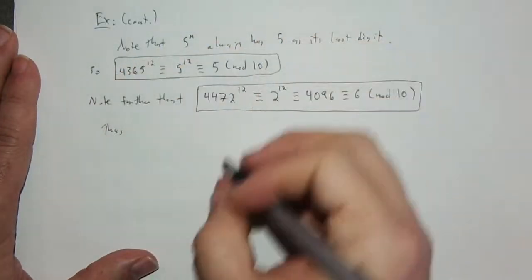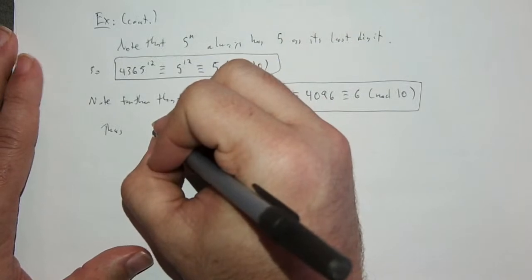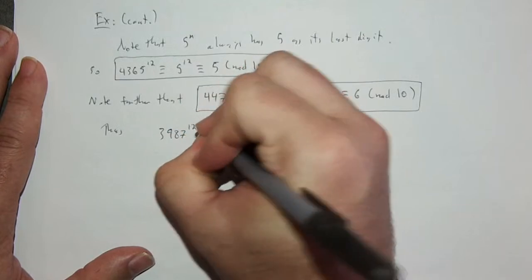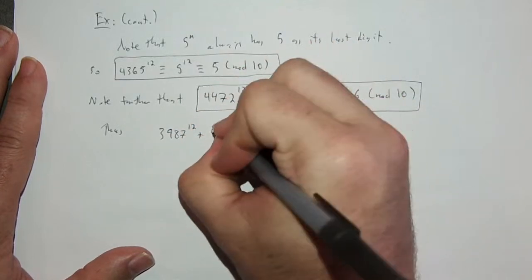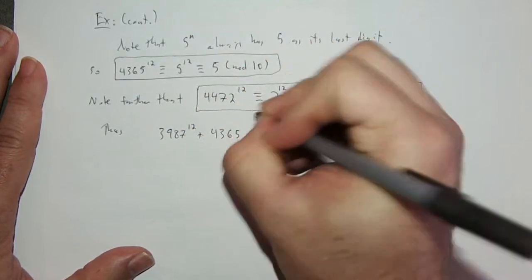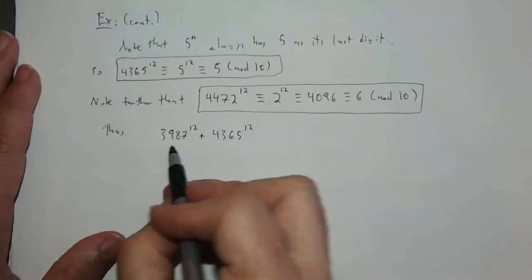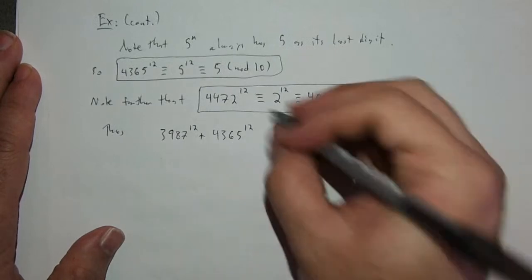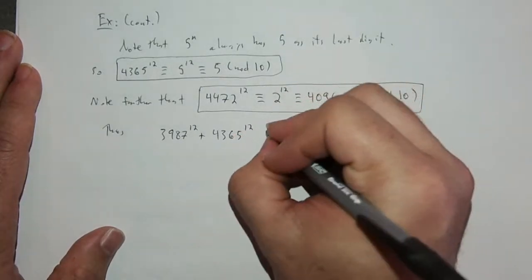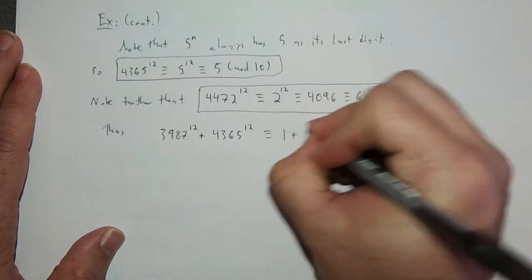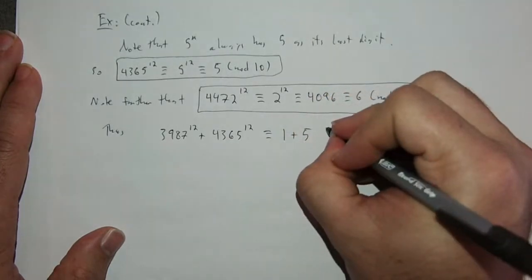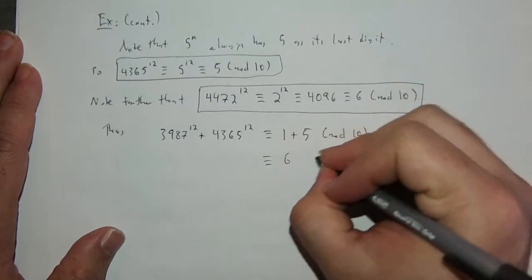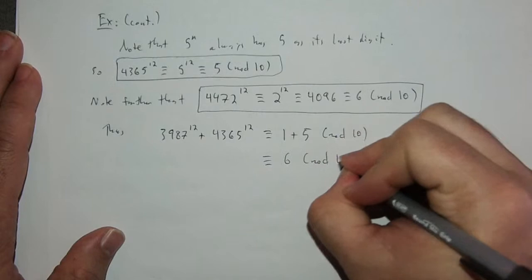Thus, notice that 3,987 to the 12th plus 4,365 to the 12th: the first was congruent to 1 mod 10, and the second is congruent to 5 mod 10. So this is congruent to 1 plus 5 mod 10, that's congruent to 6 mod 10.